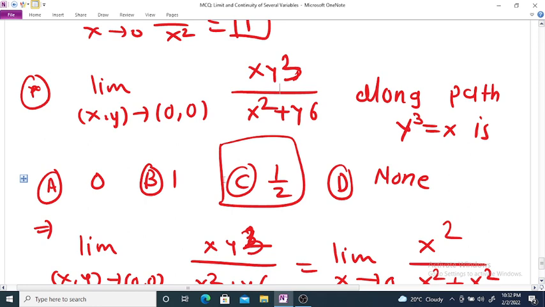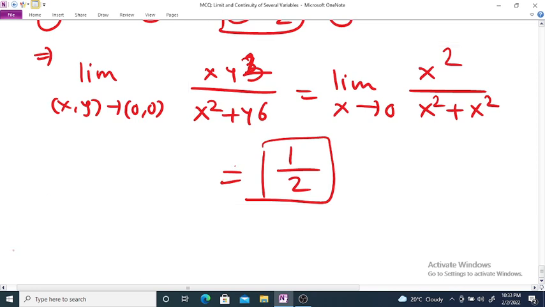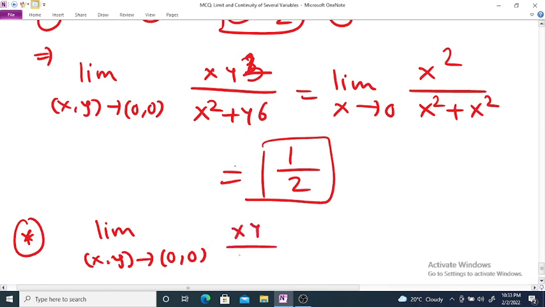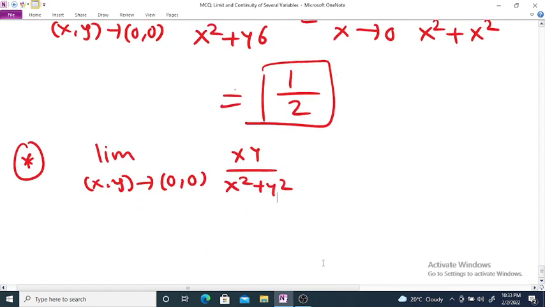Now the next example is limit (x,y) tends to (0,0) of xy divided by x square plus y square along the x-axis, is equal to what?